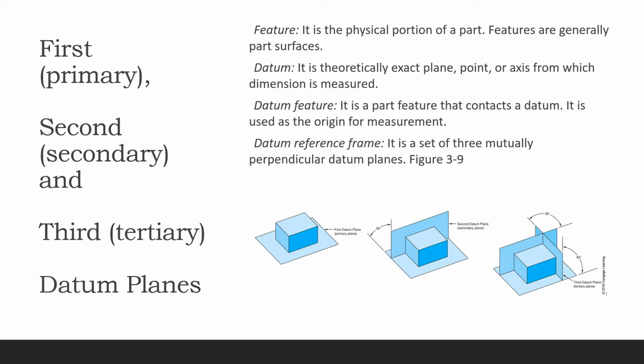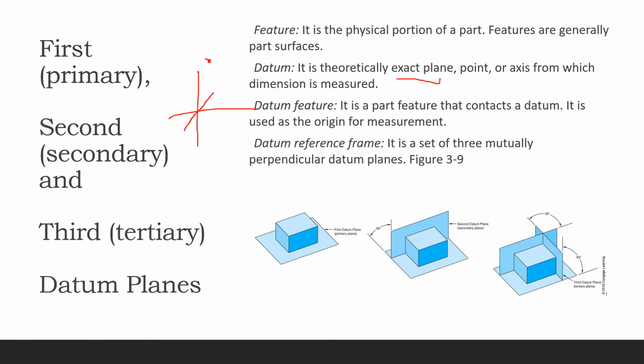Okay, the next one is datum. Datum is theoretically either a plane, a point, or an axis. A plane looks like that. A point is just a little point like that. Axes are your x, y, and z axis. This is only 3. We have more than 3.